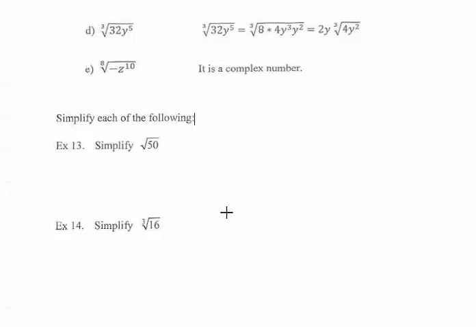Okay, now we're going to start getting into simplifying radicals a little more than we have, and we're talking about the first way to simplify here. And remember that we said, for instance, if we have a cube root of m to the third power, well, we have 1, 2, 3 m's multiplied inside.